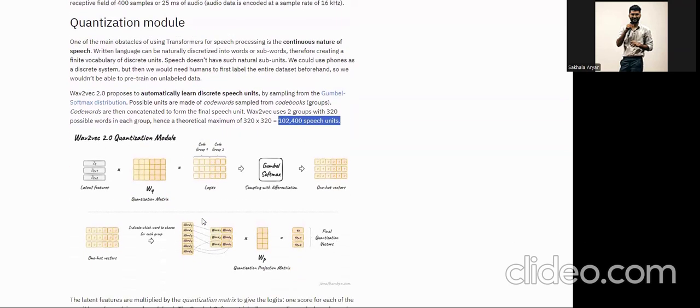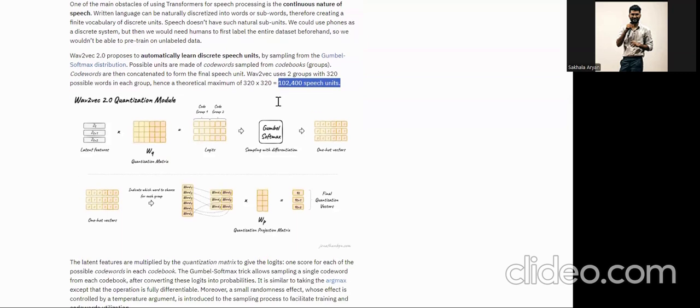It gives you logits, and on these logits, they use Gumbel softmax. Gumbel softmax is basically argmax plus softmax. It is a variant of softmax that also uses argmax, so it maximizes.